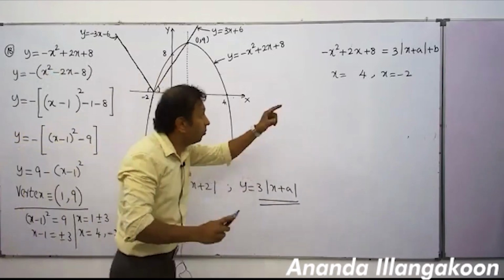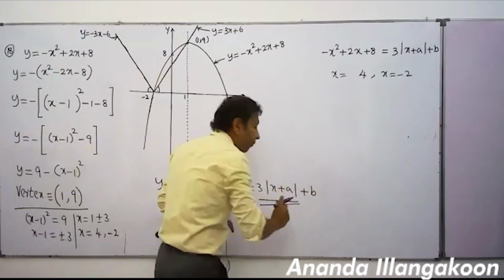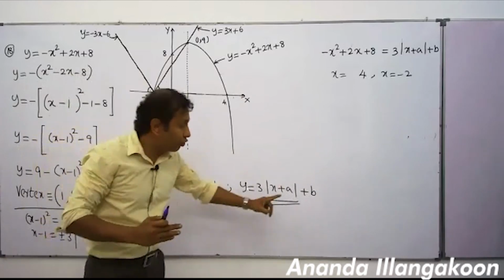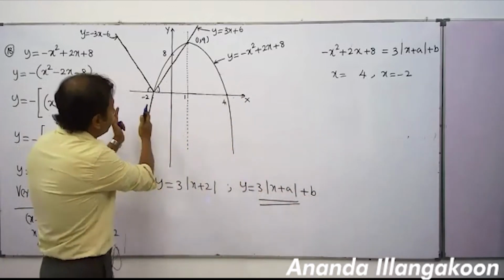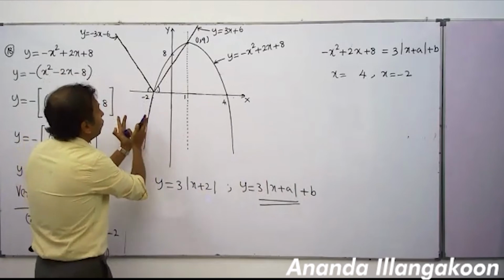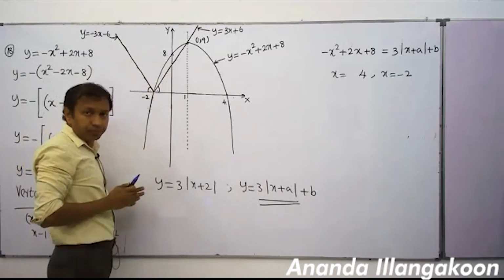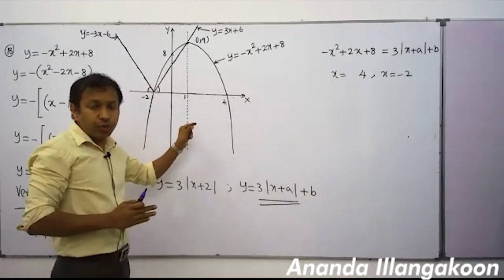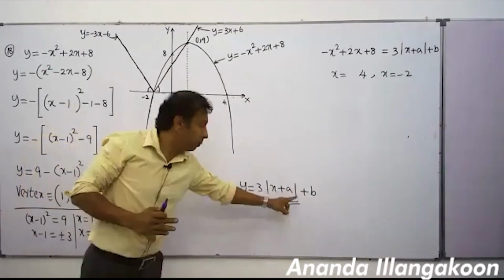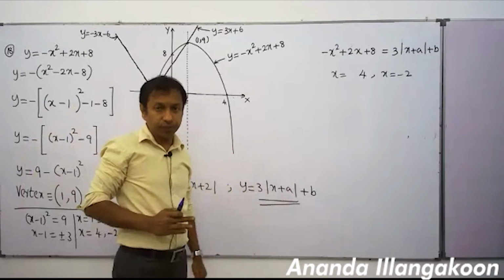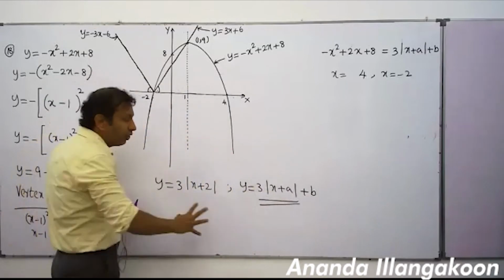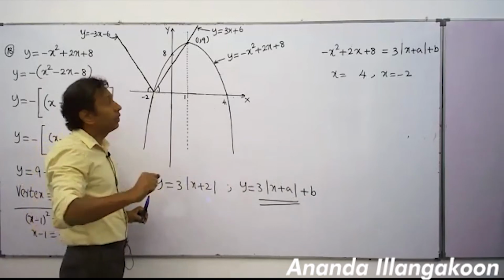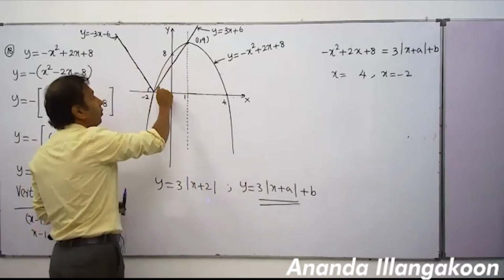Now adding this B means, people, what? After shifting this graph to the right or left, if this B is positive, that shifted graph should be taken upwards. If this B is negative, that shifted graph should be taken downwards by this value. That's how we draw this. Anyhow, people, wherever we draw this graph, that graph will have two branches. They are parallel to this and this, and these two angles are equal.